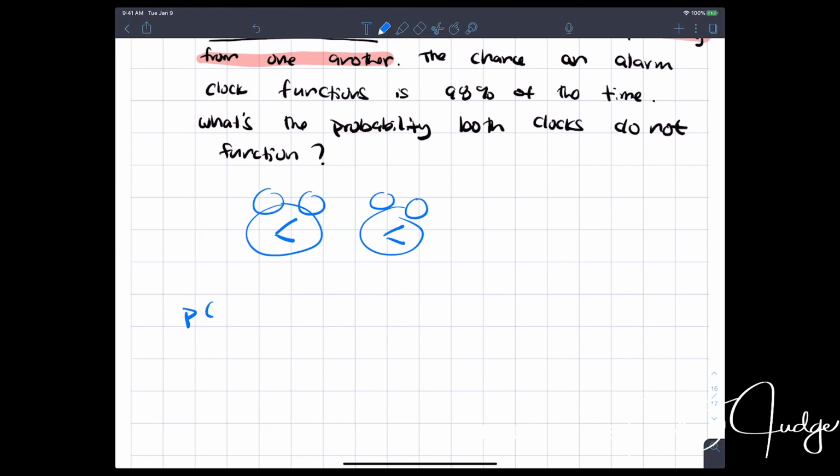Probability the first does not function and the second does not function. Because they said, what's the chance that both clocks do not function, meaning they didn't work.